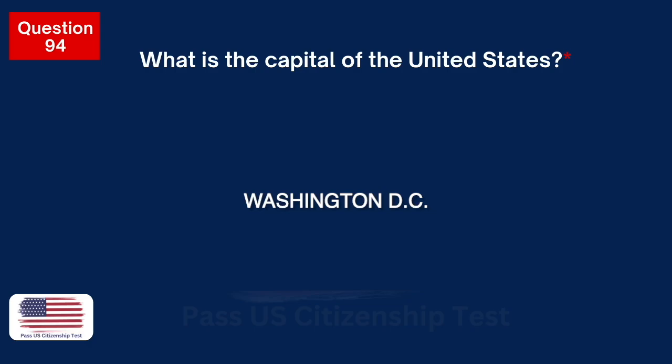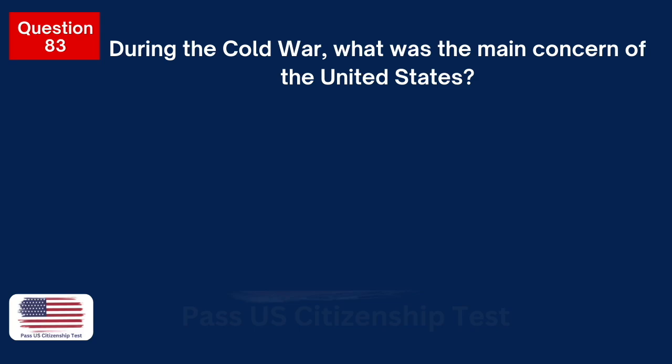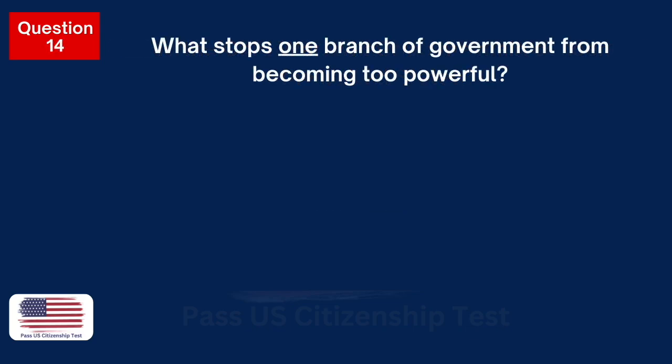Washington, D.C. During the Cold War, what was the main concern of the United States? Communism. What stops one branch of government from becoming too powerful? Checks and balances.